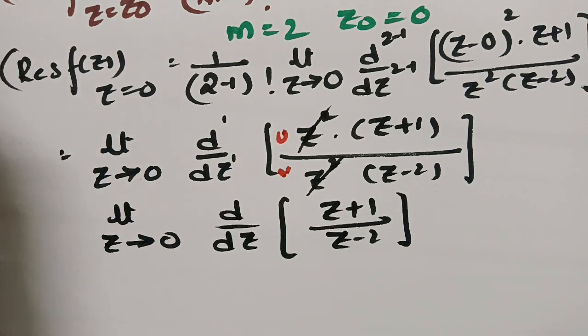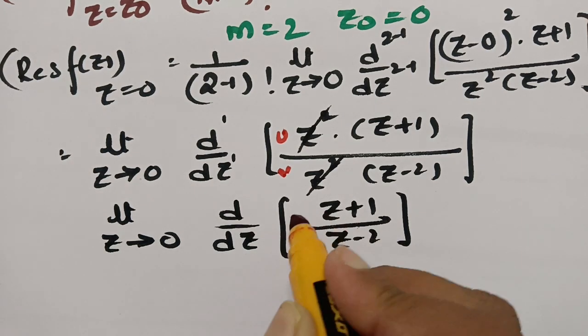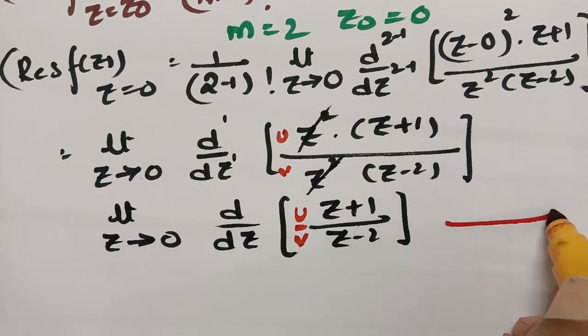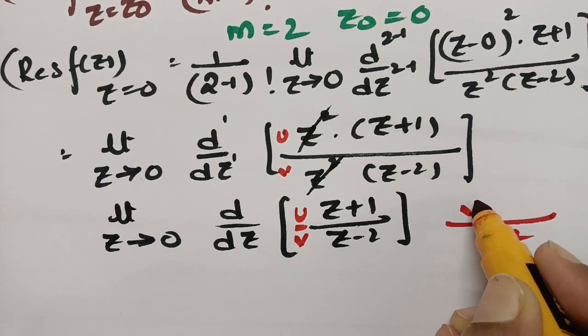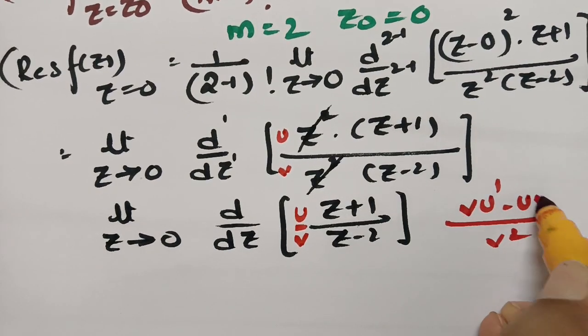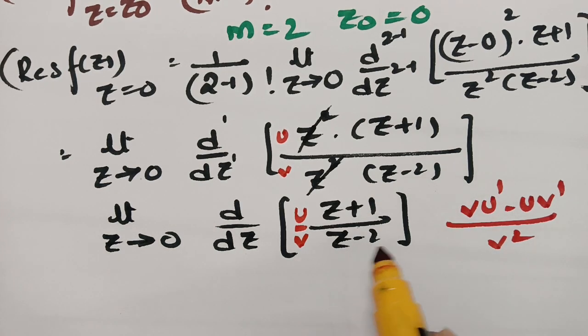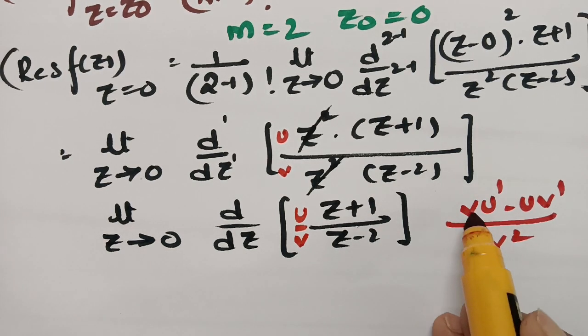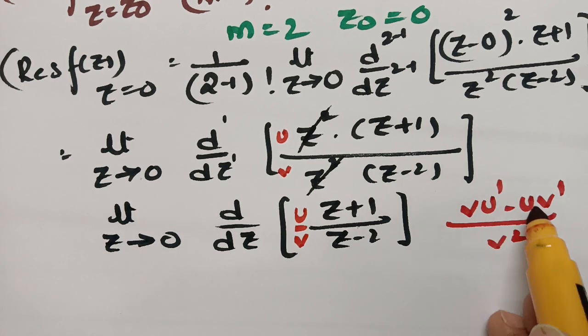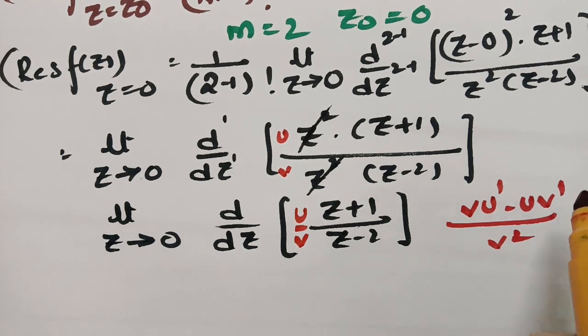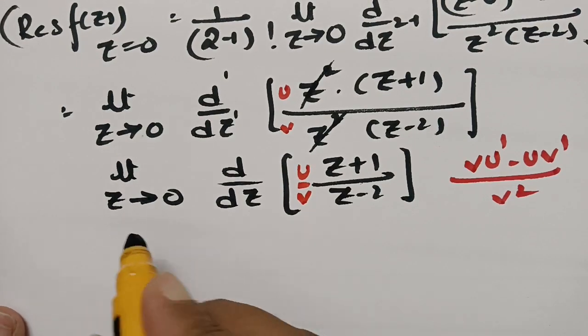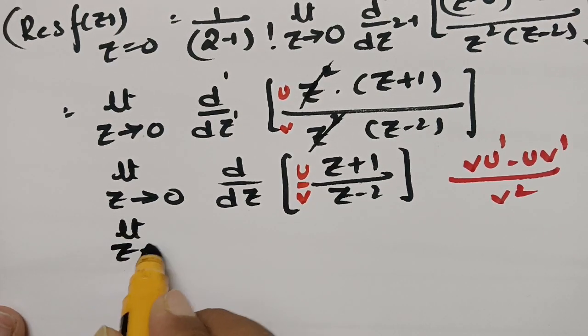If I want to make a derivative in the form u by v, the derivative value will be (v u dash minus u v dash) by v square. So we have to square the v and leave v one time: make a derivative for u and leave u, and make a derivative for v. That's what I'll do here, and later I'll put z value as 0, that is limit z tends to 0.